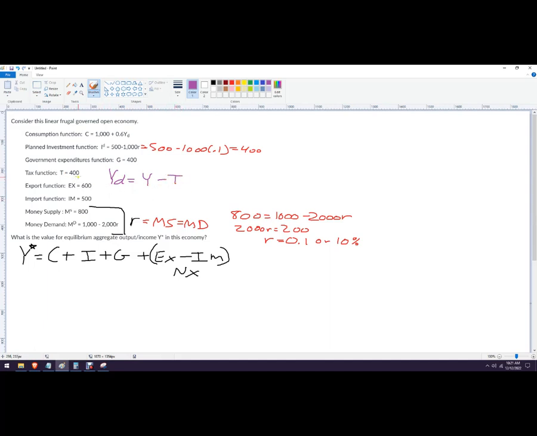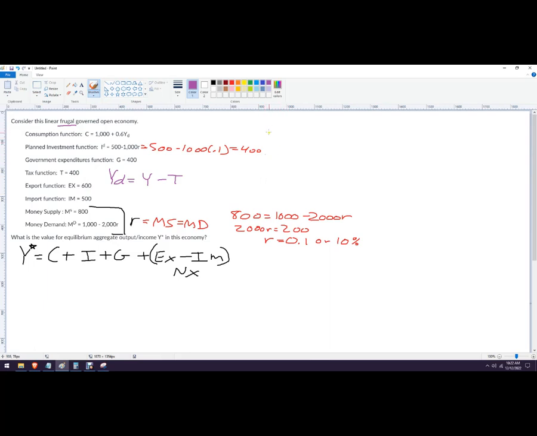We know taxation, so we can just plug that in there, and we're ultimately solving for a level of Y. This government has a balanced budget because it's spending 400 and it's bringing in 400 in taxes. So notice it says frugal. That's what that means. It's got a balanced budget, and it doesn't seem to be borrowing from the rest of the world. Could be good, could be bad. We're not passing judgment. We're just solving algebraically.